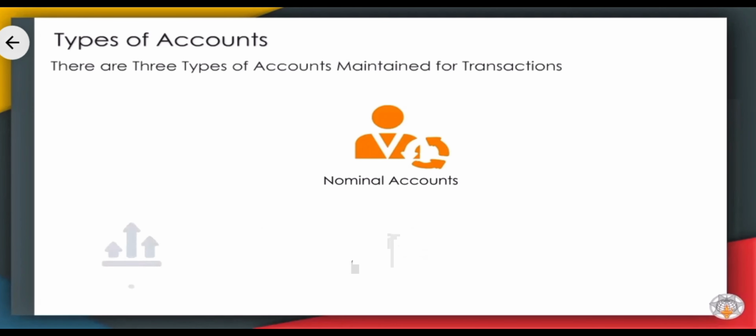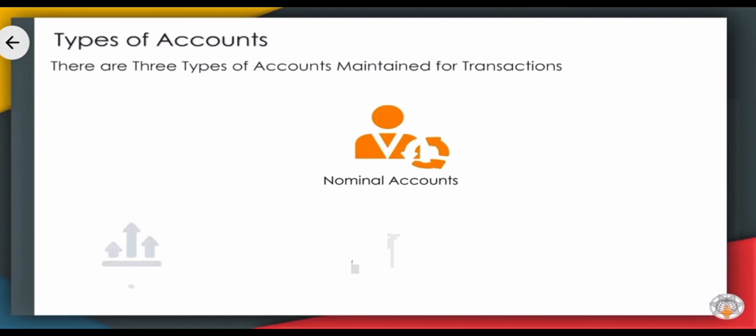Golden rules of accounting. Rules of accounting. For real accounts, debit what comes in and credit what goes out. For example, if we purchased any asset, that asset account will get debited. Or if we sold any old asset, that asset account will be credited.